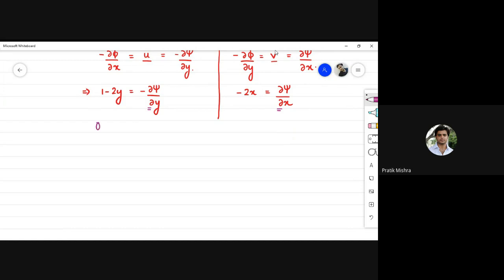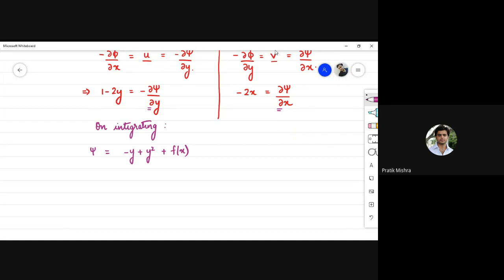On integrating, so your psi comes out to be minus y plus y square plus function of x. Here if only function of x would be present और आप इसका पार्शियल डेरिवेटिव लेंगे with respect to y, तो आपको 1 minus 2y ही मिलेगा.